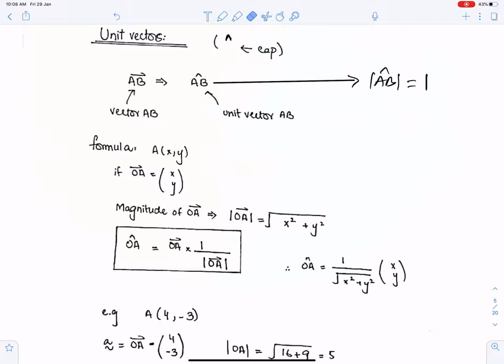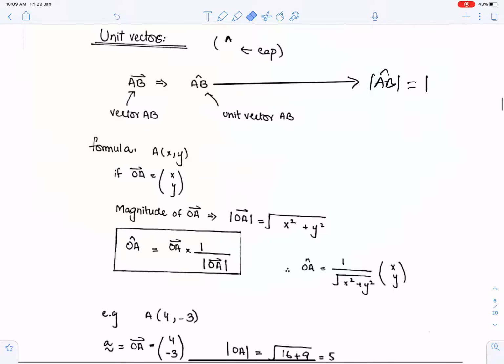Well, how to find unit vectors? If this is the point A, then in vector form we can write OA. This is xy. First we need the magnitude of OA. So the magnitude of this vector is the square root of x square plus y square. And this is the formula of the unit vector. The unit vector OA cap is OA divided by its magnitude.